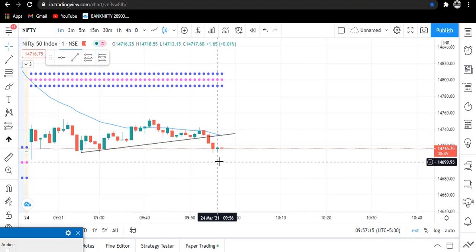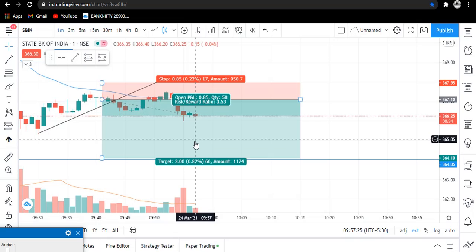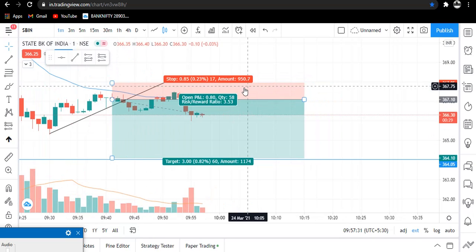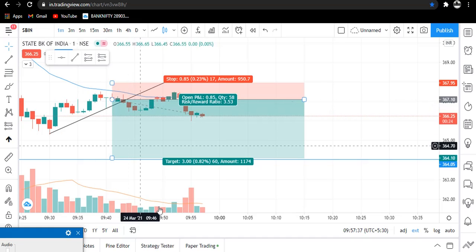So what we did, we came to the NSE side and picked the top losers. Here we were having SBI, so we came to the chart of SBI and made a trend line here also, and at this breakdown we entered into the trade.